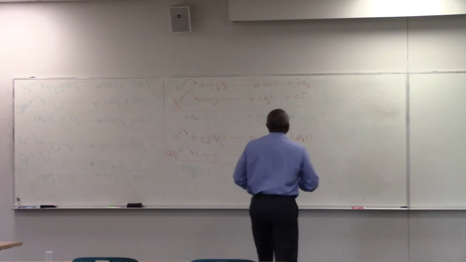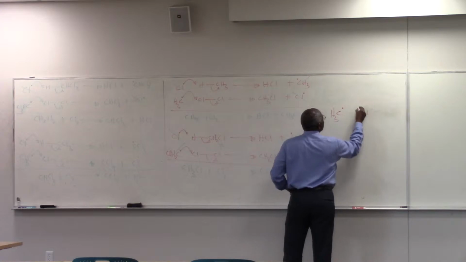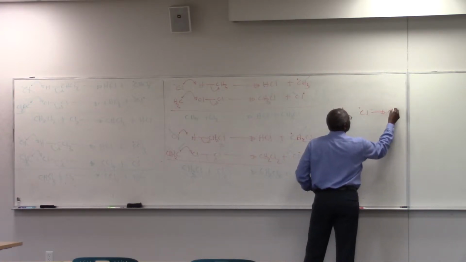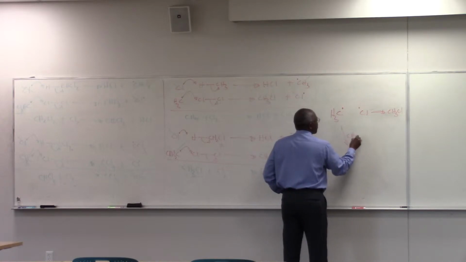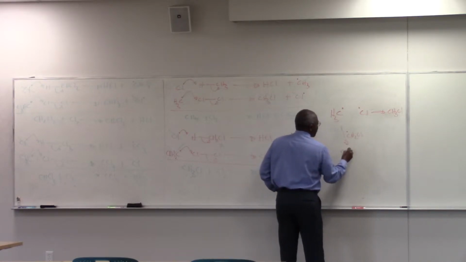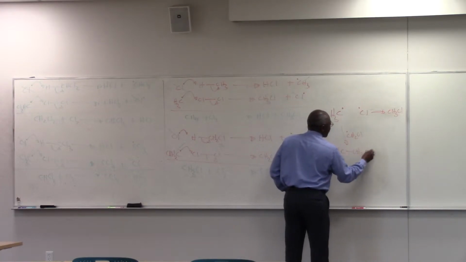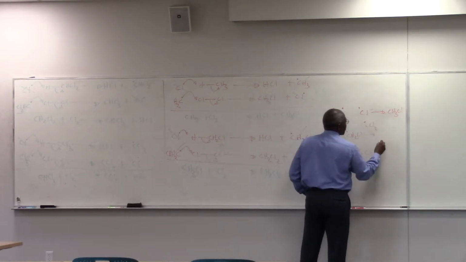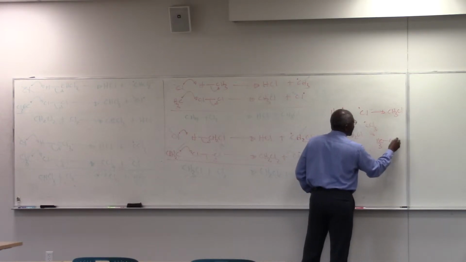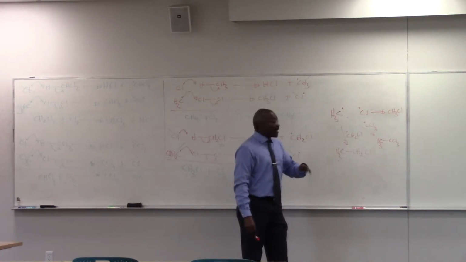So you could get a CH3 dot collapsing into a Cl dot, and that gives you CH3Cl. Or you can get this collapsing into a CH2Cl dot, and you get CH2Cl, or it can collapse into a CCl3 dot. And you can get CH3CCl3. So you can get a whole number of different products. And it's all random.